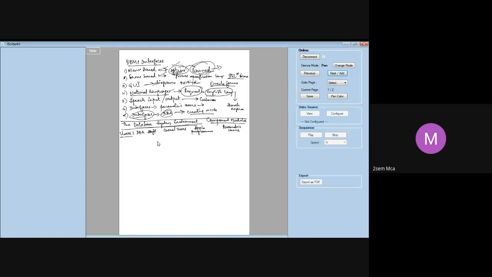So horizontally, I write down all the users: DBA, staff, casual users, application programmers, parametric users. How each of these is going to interact with different modules of your DBMS is what we are going to see.